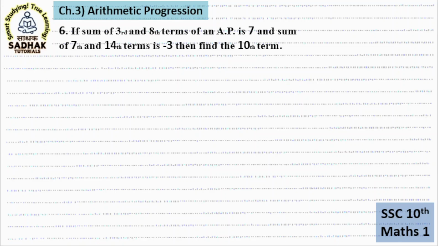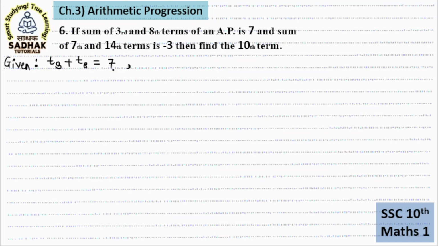Okay, now we are solving sum number 6 of the problem set. Here what is given? The data they have given is that the sum of the third and eighth term of an AP, that is T3 plus T8, is 7.